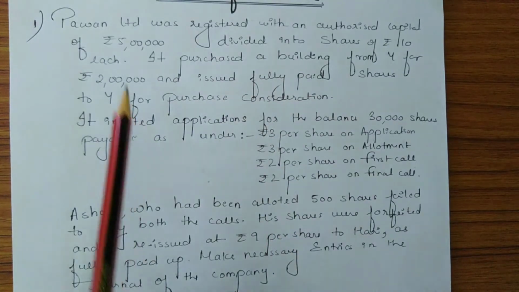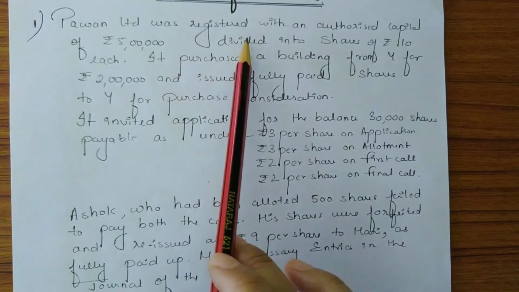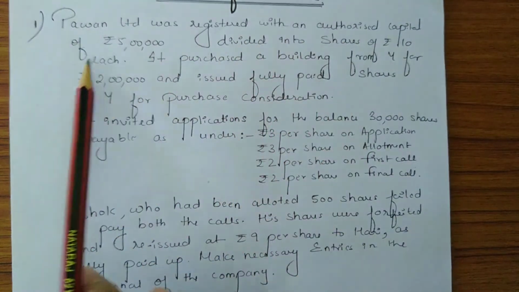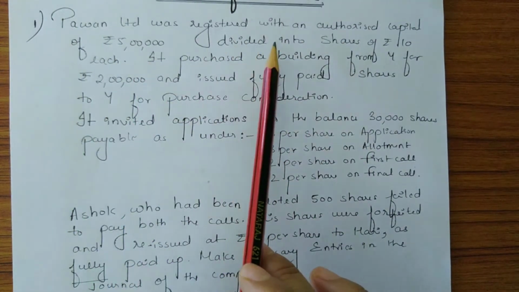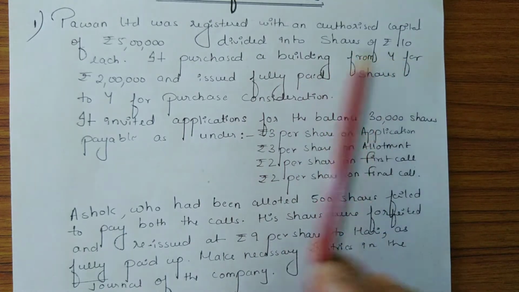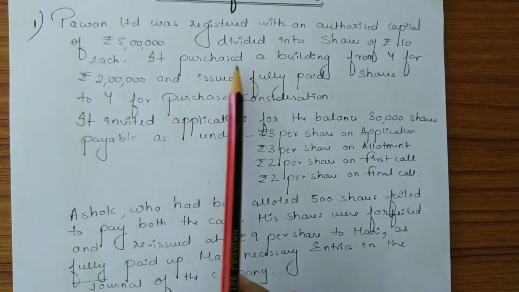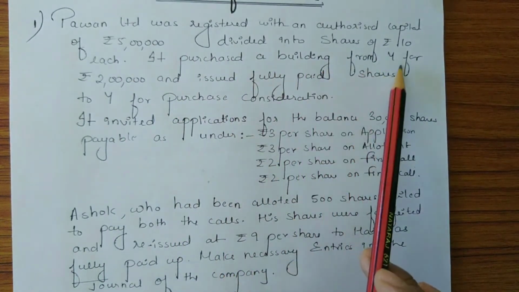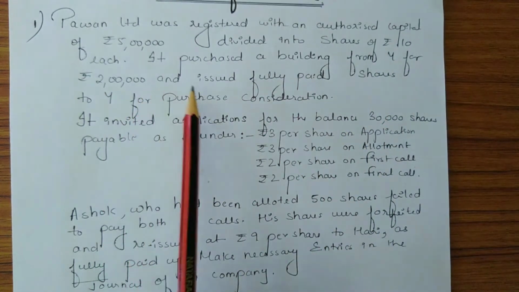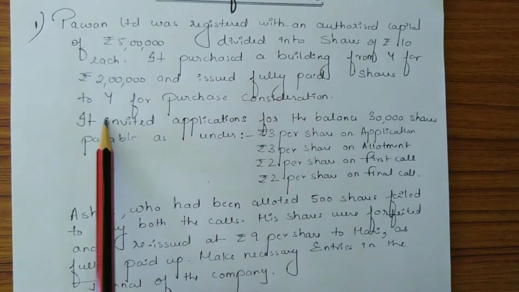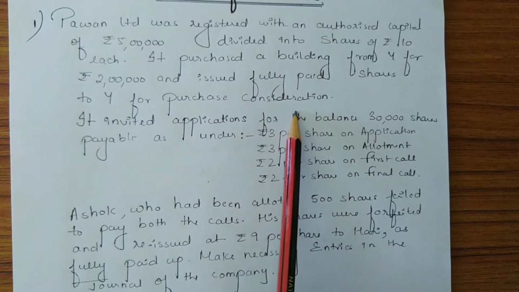So the question is, Pawan Limited was registered with an authorized capital of 5 lakh which was divided into shares of rupees 10 each. It purchased a building from Y for rupees 2 lakh and issued fully paid shares to Y for purchase consideration.